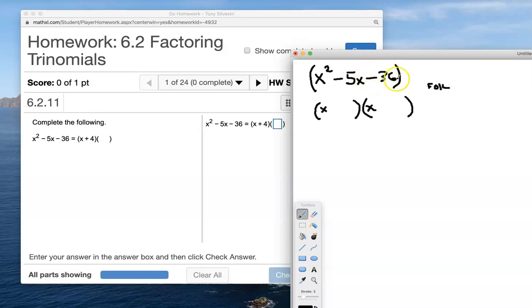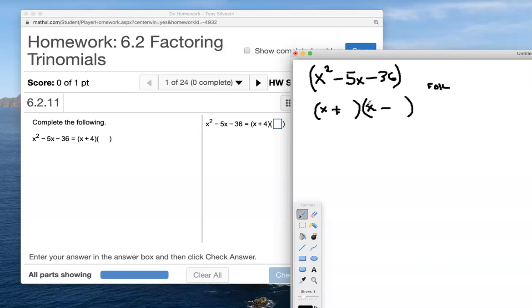The sign in front has to be included. So it's really minus 36. So what we want to do is come up with two numbers that multiply together to give you a minus 36. The only way you can get a minus when you're multiplying two numbers is if one of them is plus and one of them is minus. So basically what we're doing here is showing you a little math puzzle.